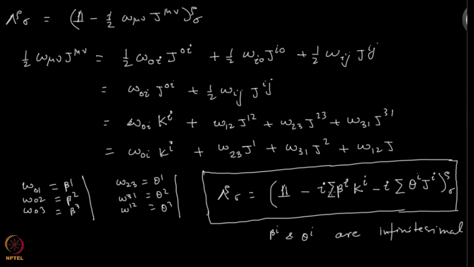Okay, good. Now another exercise, show that if you take a commutator of j i and j j, you get the following.